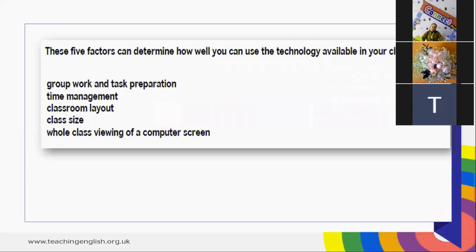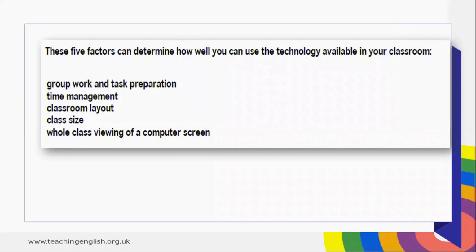Especially when we talk about technology available in our class, we said that we have here 5 factors that allow the classroom management. Factor number 1 is how you organize your students to be able to work in groups, which will affect the type of tasks that you give to your students.